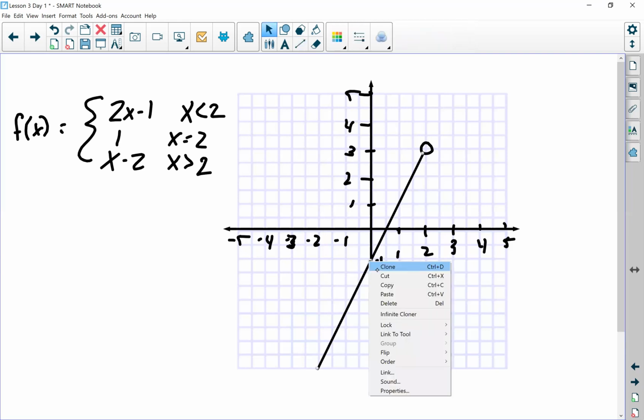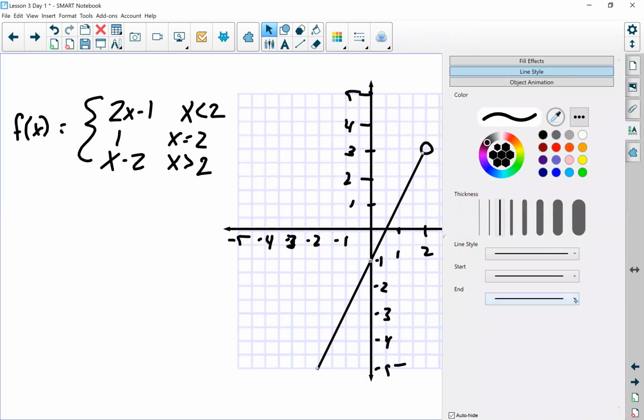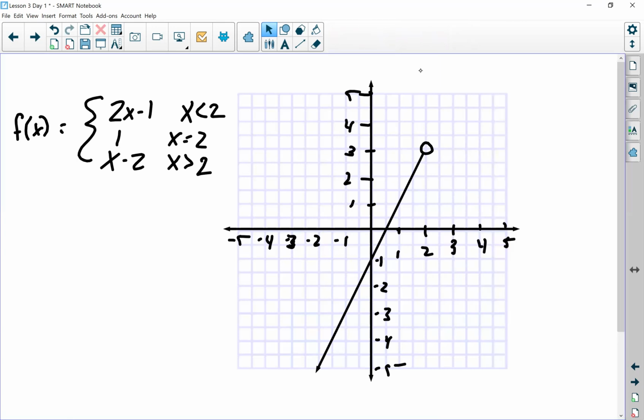There we go. When x equals 2, my function equals 1. And when x is greater than 2, I get x minus 2.